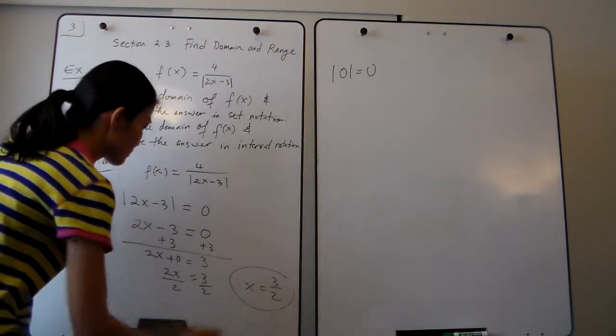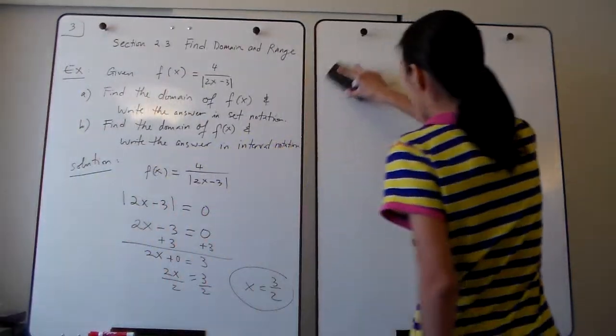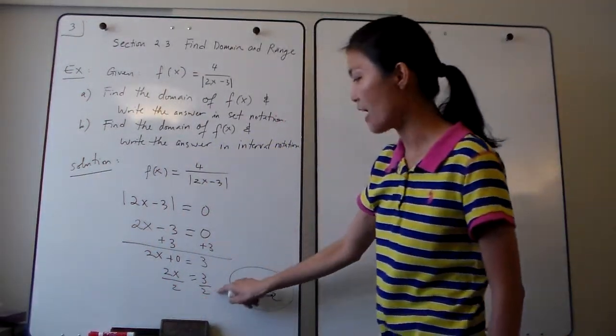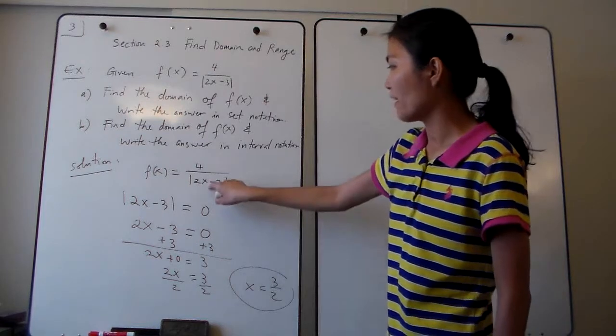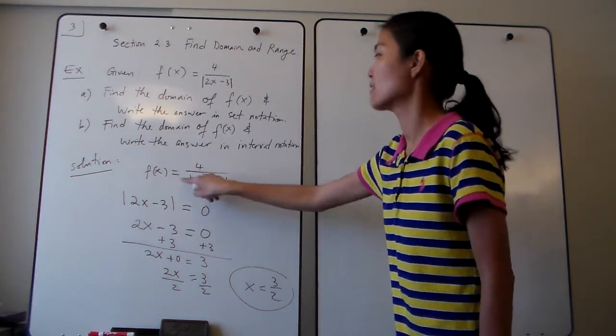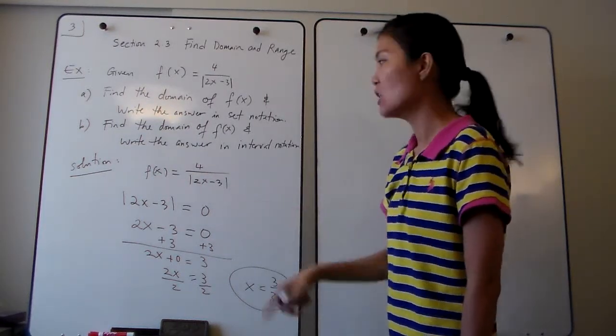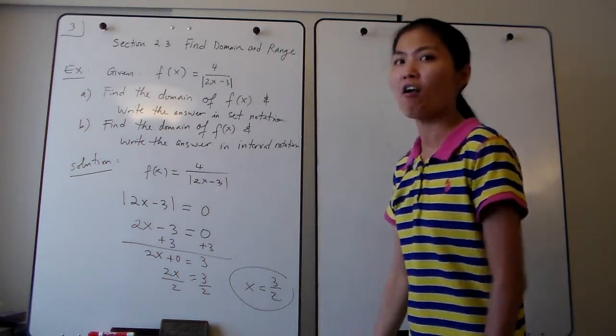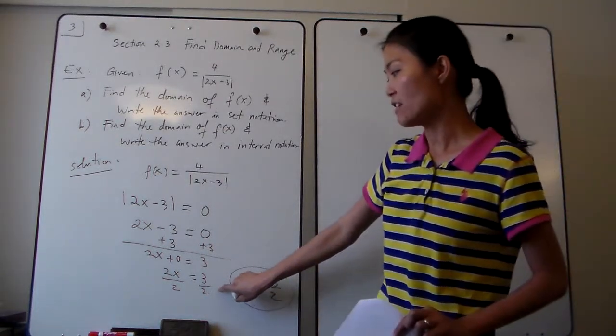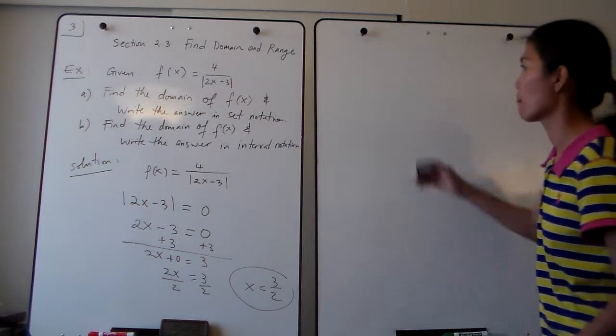Okay? So that means if you substitute this x, 3/2, into the function, the denominator would turn out to be 0. So 4 divided by 0 is undefined. That means we try to avoid this x, 3/2.